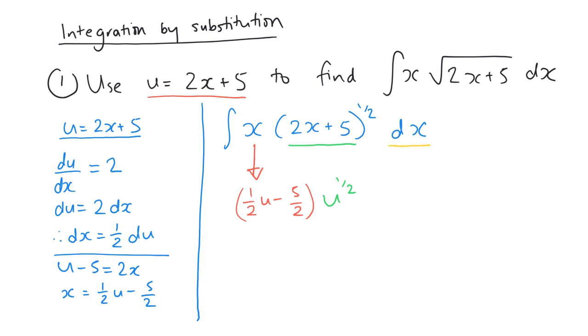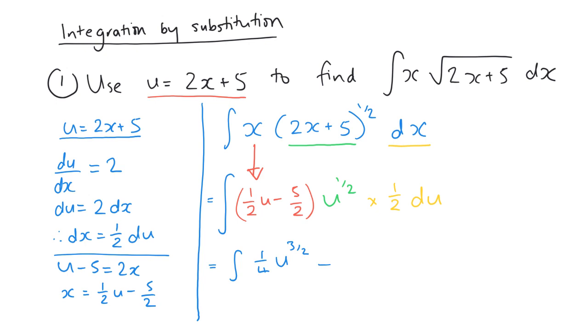And then the dx at the end, well, dx is a half du. So everything in the top equation has to be substituted. So now if we tidy that up, so multiply a half by a half and the u by u to the power of a half, we'll get a quarter u to the power of 3 over 2.